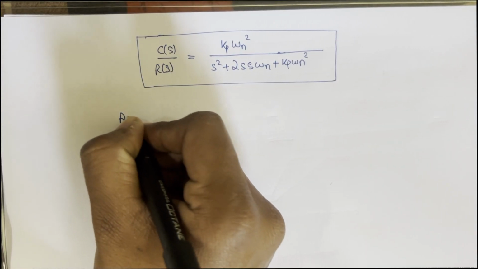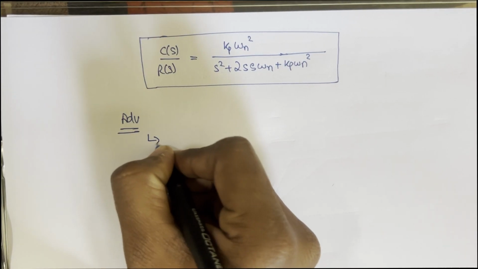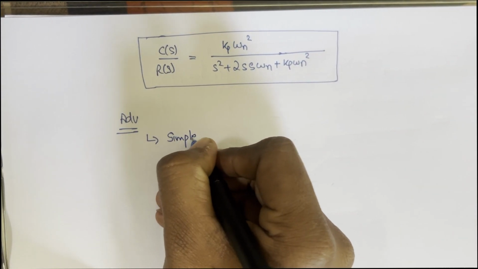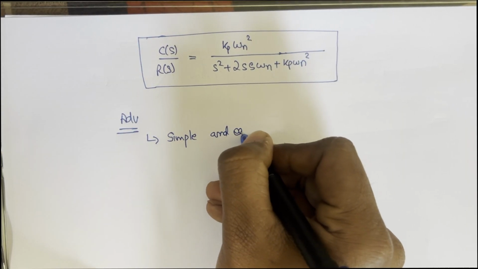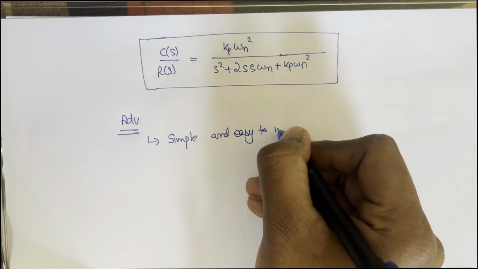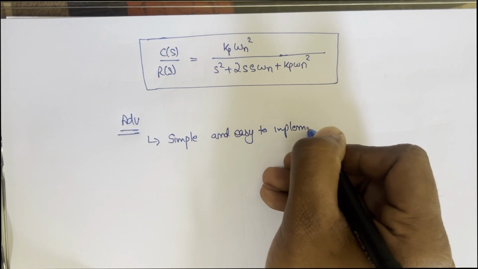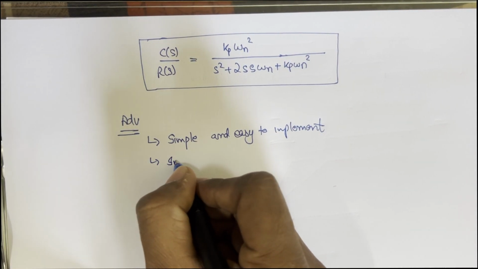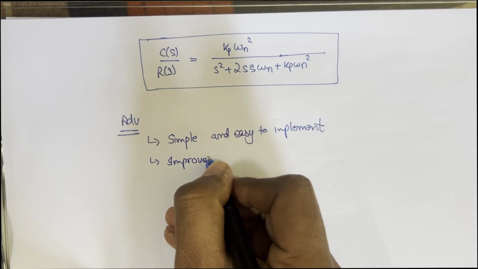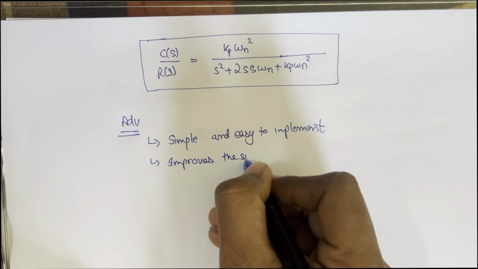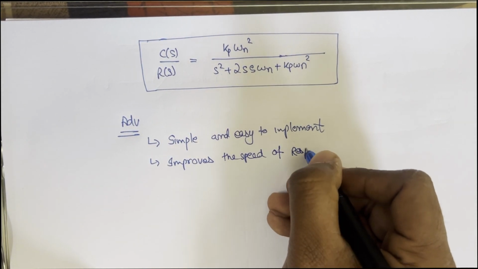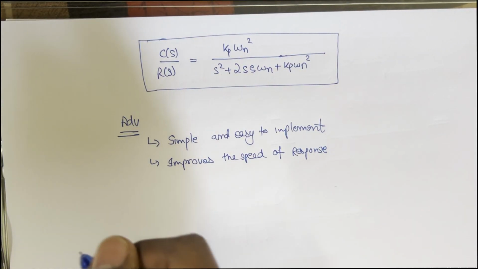So now the advantage of the proportional controller is that it is simple and easy to implement, and it improves the speed of response of the system.